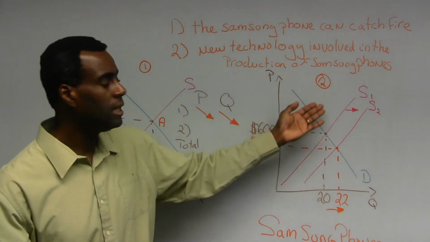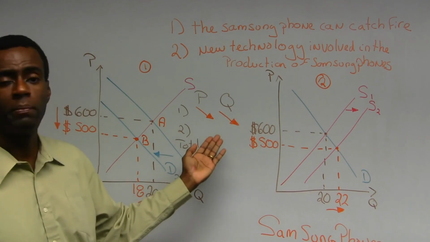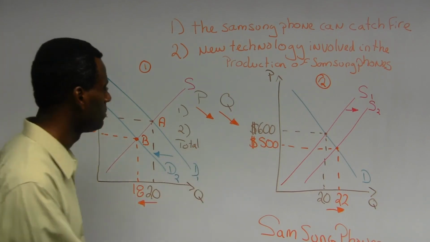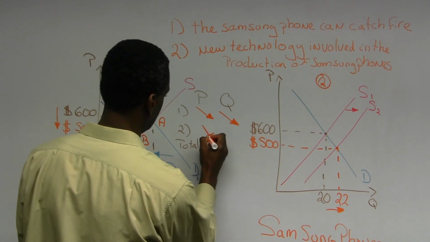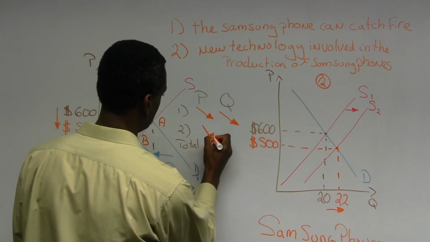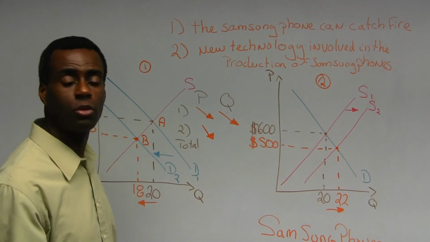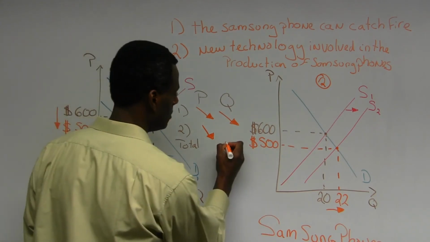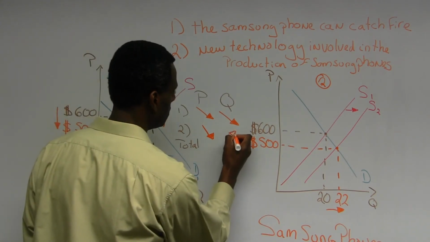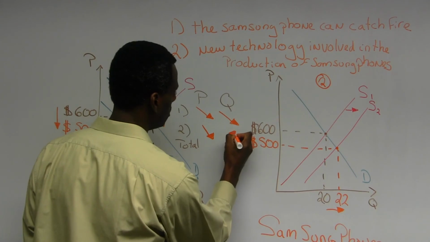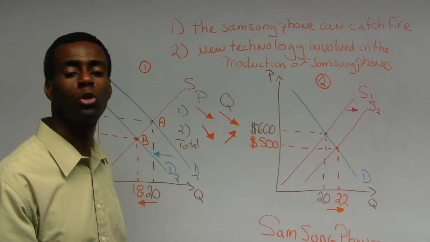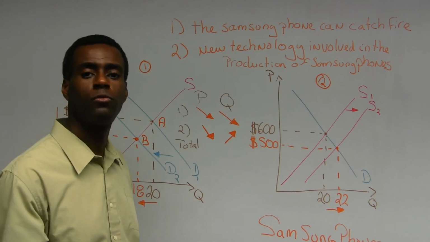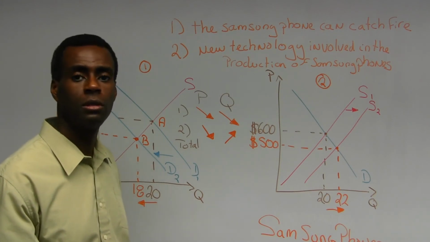And so we now take event 2, we report it on the table. Again, we have that the price goes down. But here, as we mentioned, the pressure is on the quantity of the Samsung phones on the market to increase.